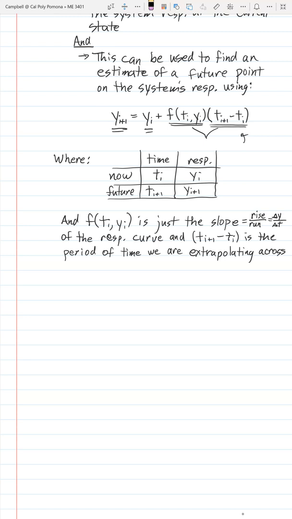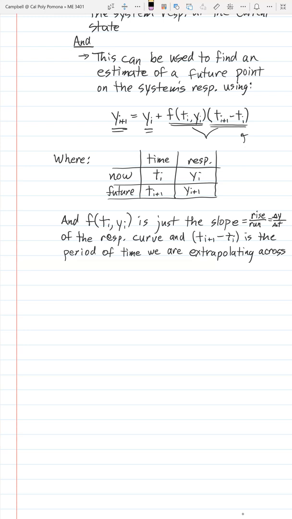So conceptually, we can see exactly what we're doing. We have a differential equation where the derivative gives us the slope of the unknown but desired response curve. So we solve for that derivative so that we can get that slope.